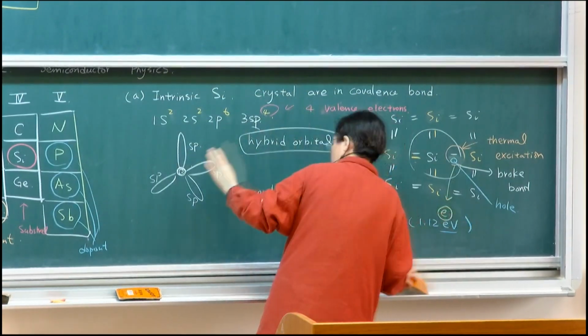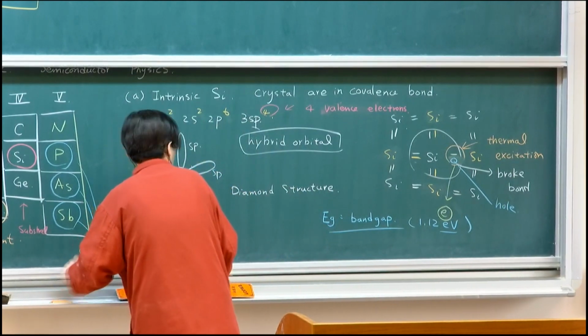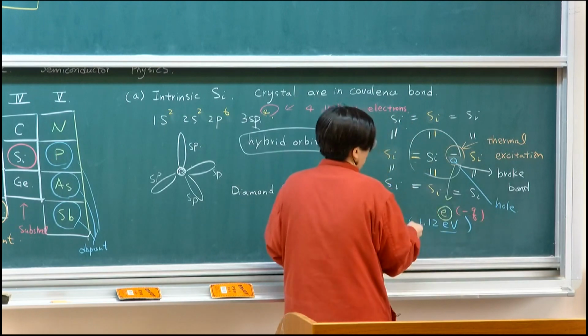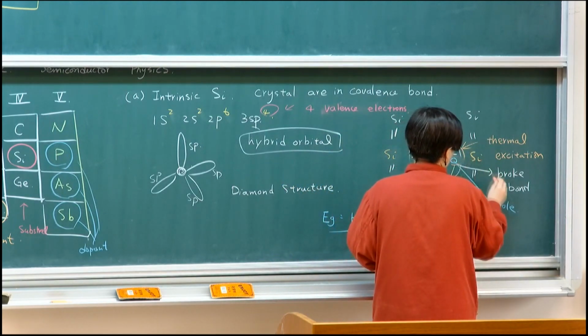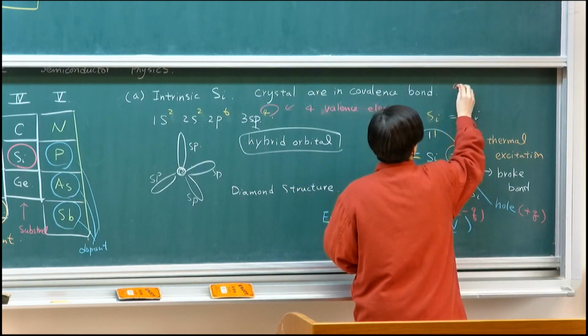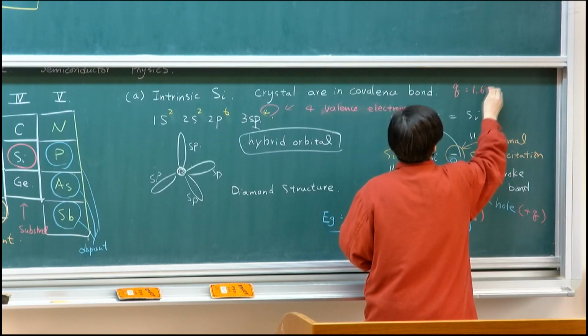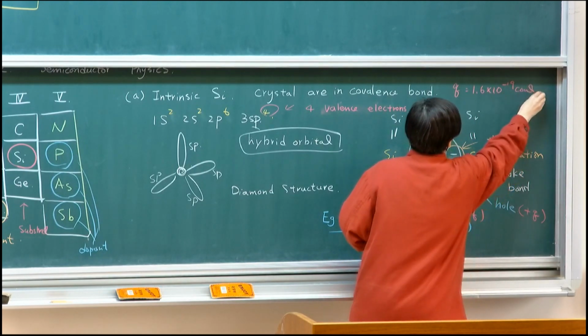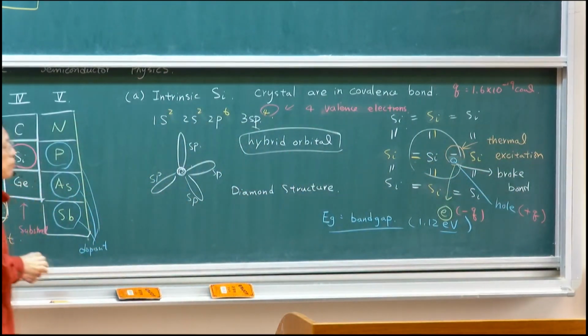Let me write it more correctly. This will contain a negative charge and this will contain a positive charge, and Q is 1.6 times 10 to the minus 18. Just so we're aligned. Each of these carriers, once generated, will always be a pair.